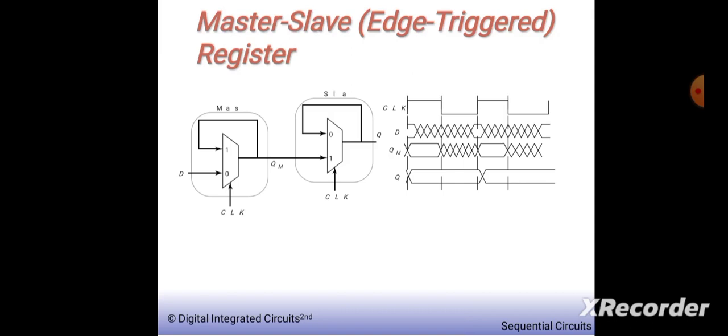You will see here a mux based master slave circuit, made of D latches. The first one, if I give D value as input, will act as master. The output of this one will control the slave. You can see how it is connected and how the master slave register is controlled through the clock.